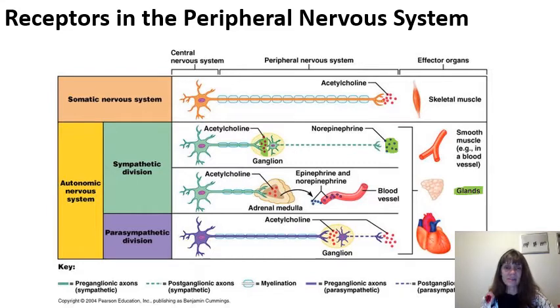Let's look at the parasympathetic nervous system. Again, we see the presynaptic neuron releasing acetylcholine, and the postsynaptic neuron is going to release acetylcholine. How do the receptors on these same organs respond? Well, the parasympathetic nervous system is sometimes referred to as feed, breed, rest, and digest, in which case the receptors in the salivary glands are going to increase their activity.